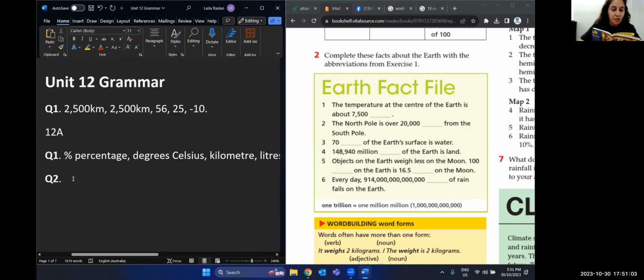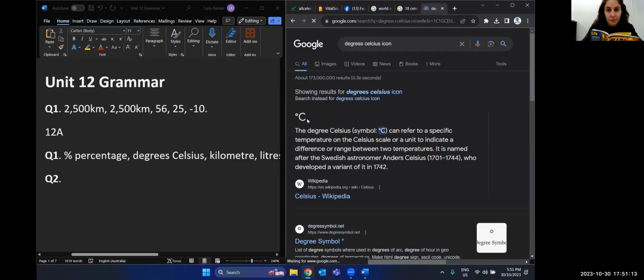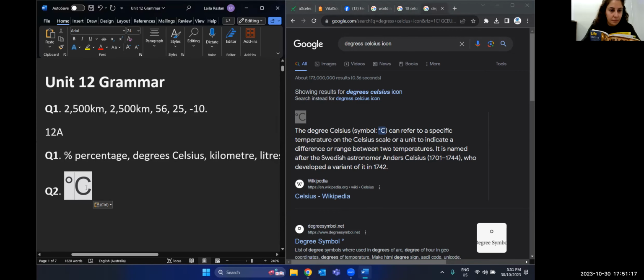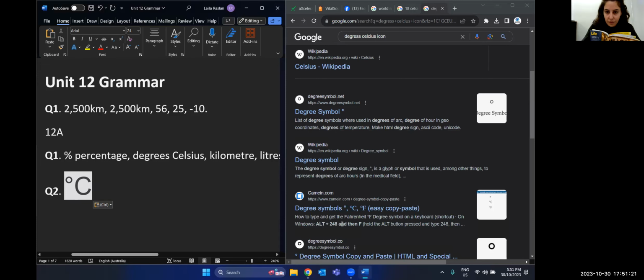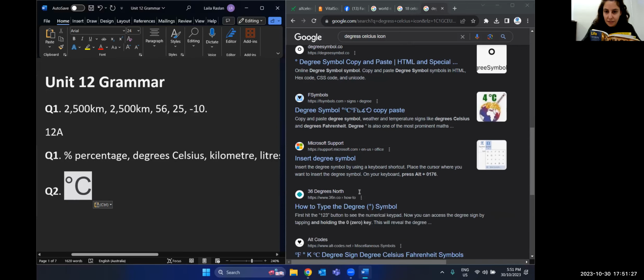Yeah, degrees Celsius. I'm just going to get the image.